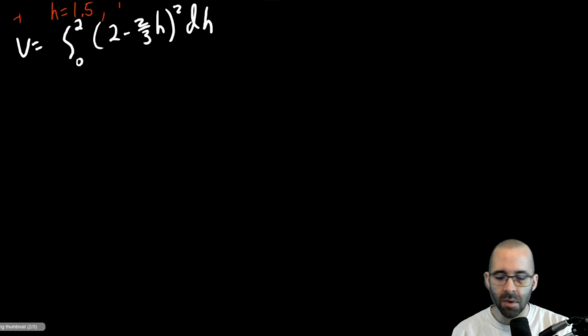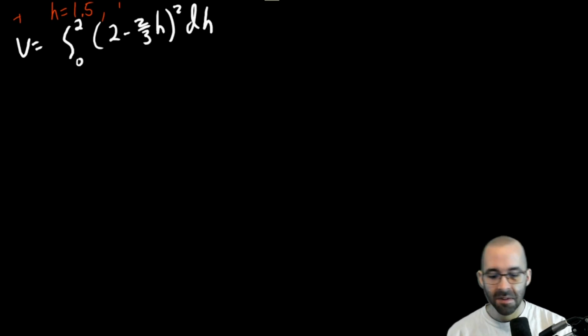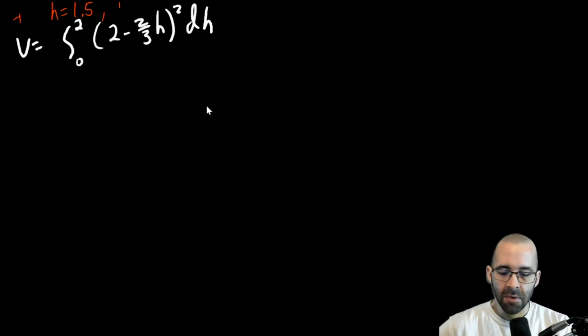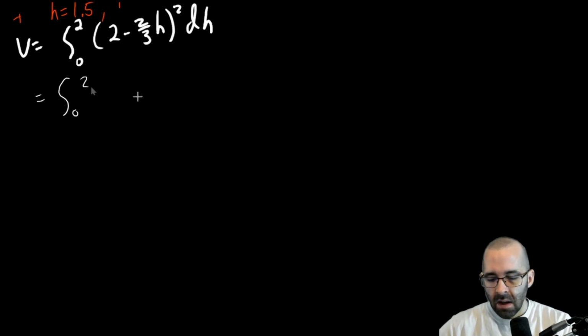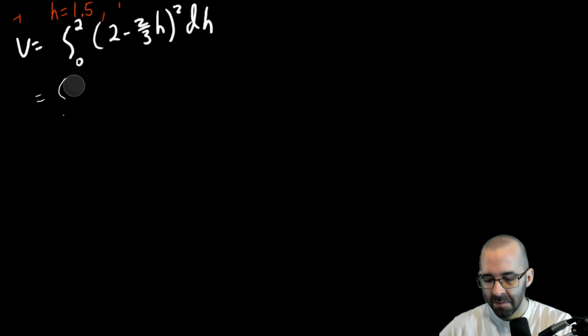So let's evaluate this real quickly. You can either do a u substitution here or FOIL it out. Your choice. I think foiling it out is a little bit more straightforward, but I think a u substitution would be a little quicker. I'm using a u substitution, it's easier.